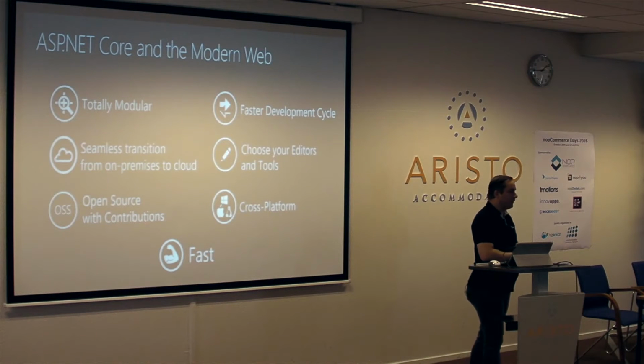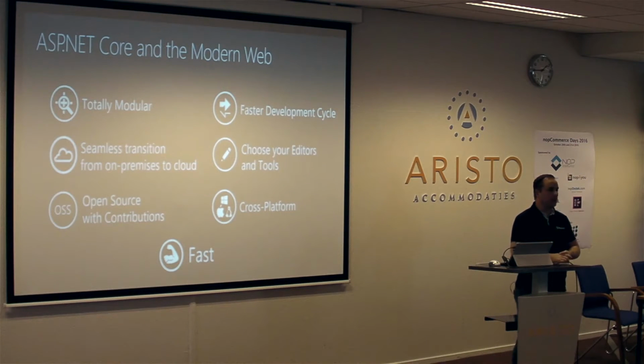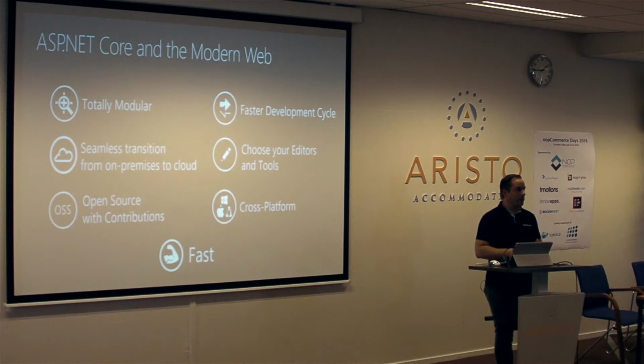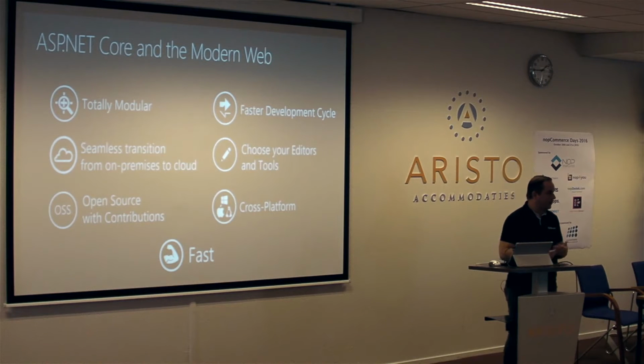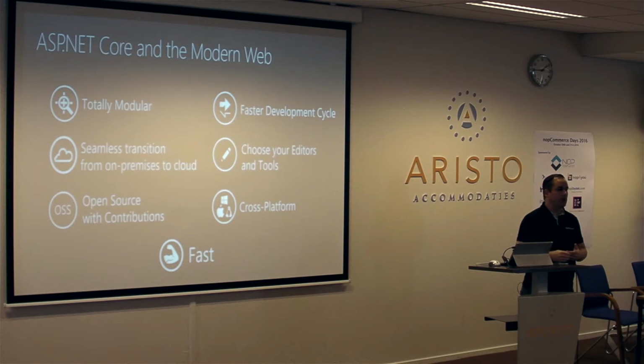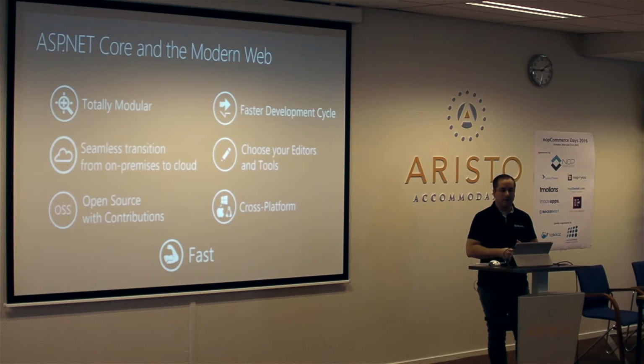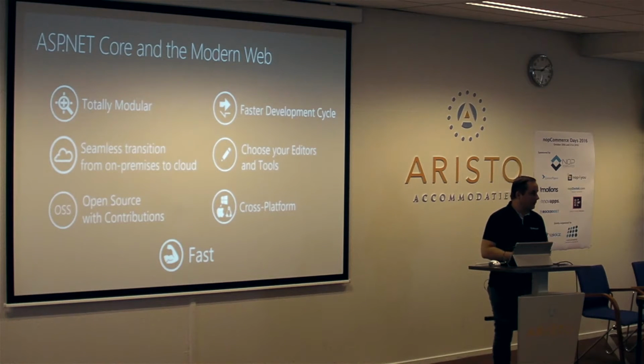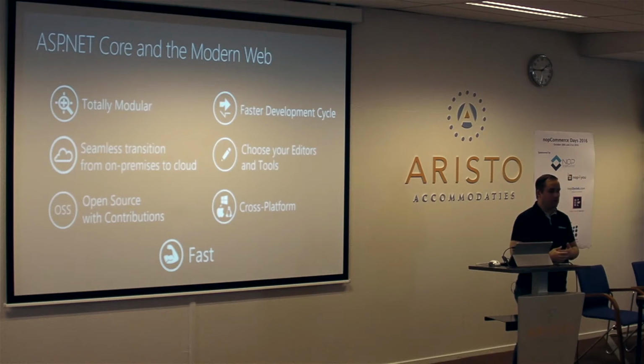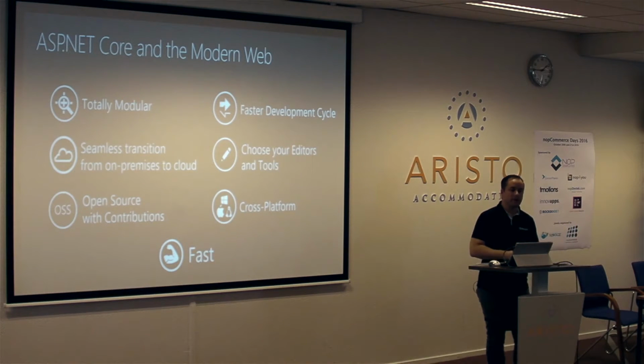So in a nutshell, what do you get if you are starting with ASP.NET Core is that it is open source, it is multi-platform, so you can run it of course on Windows but also on a Macintosh and on the Linux distributions. You can choose your own code editor or debugger, whatever tool you want.